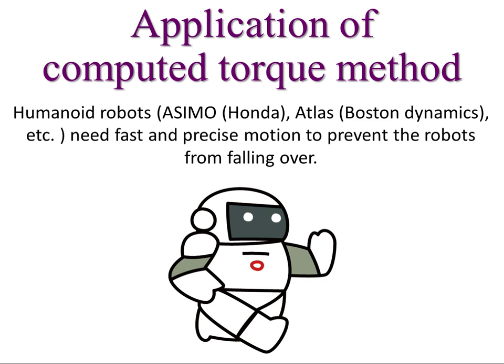In such cases, the structure and physical parameters of the robot are unlikely to change during the control time period. Therefore, if the structure and parameters of the motion equations of the robot are carefully determined beforehand, they can be used in the computed torque method.